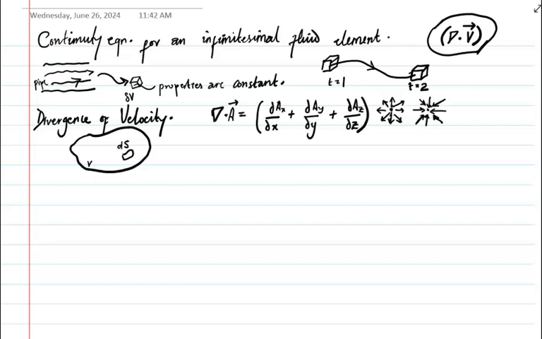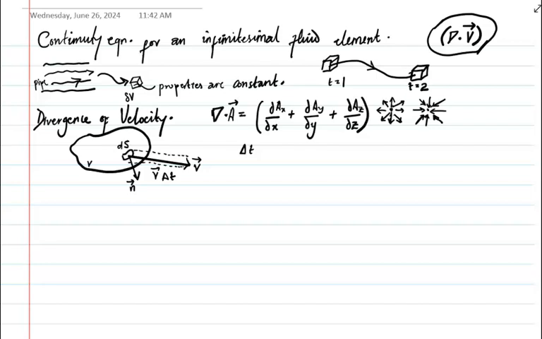This patch of area is dS, with a normal coming out in any direction, but the normal is always perpendicular to the surface. This moves with a velocity v, meaning that in a small infinitesimal time delta t, this area moves a distance v delta t.